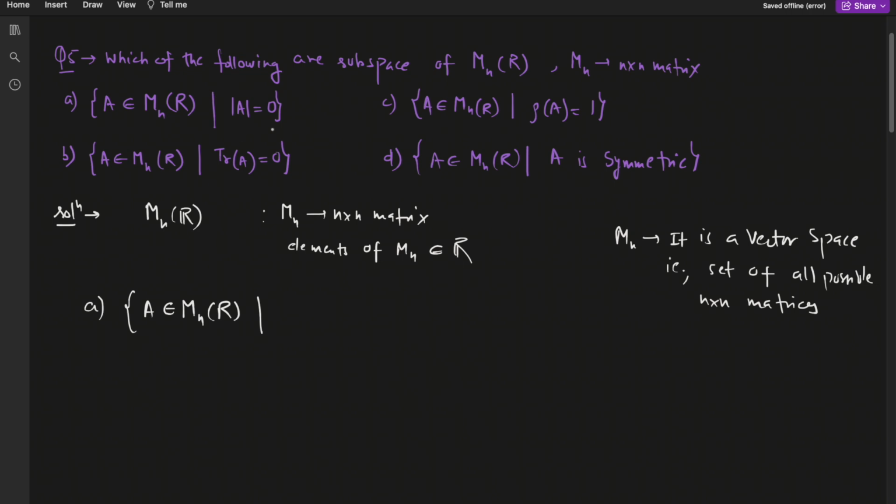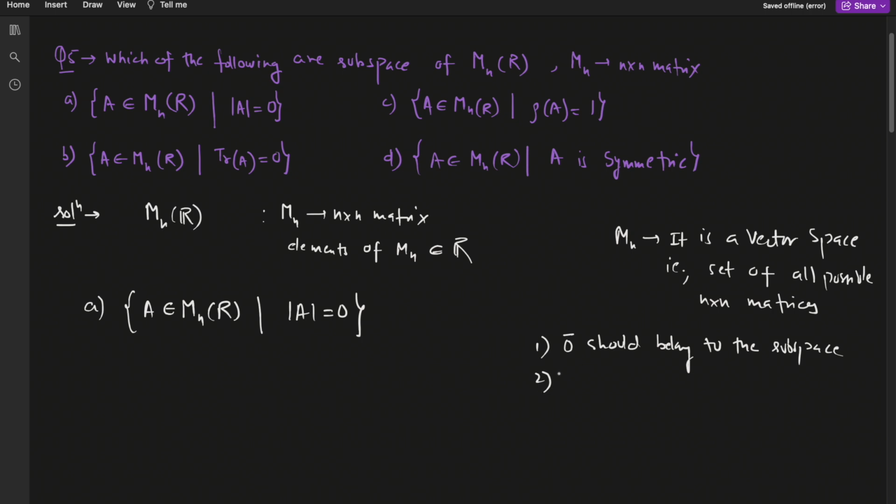So now we need to check whether these four options are vector subspaces of this vector space Mn. The first one says the set of all matrices A belonging to the vector space Mn such that the determinant of those matrices is 0. If you remember, I have told you there are two things we need to check to see if a given set is a valid vector subspace or not. The first thing is that the zero vector should belong to the subspace, right?